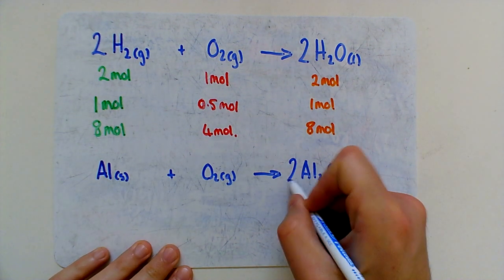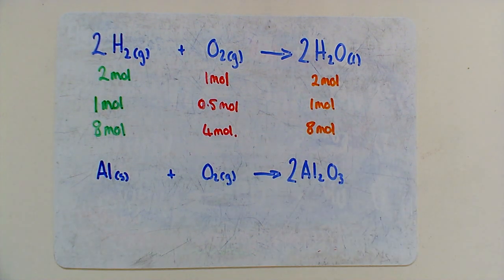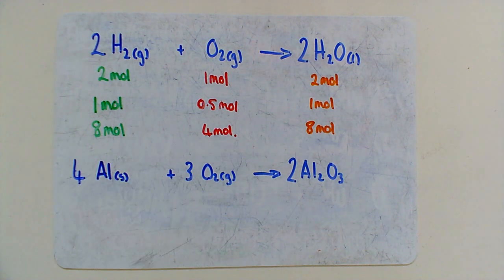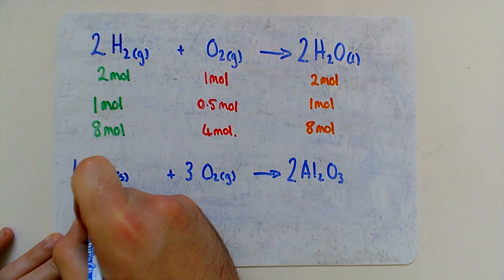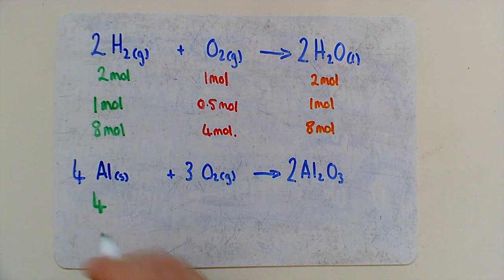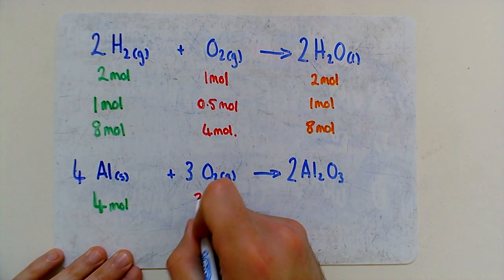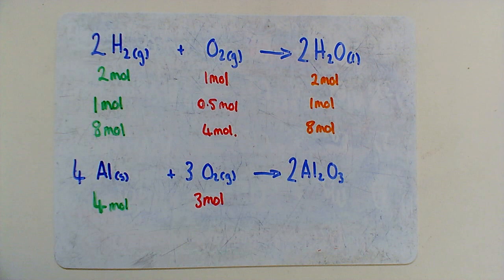Now, to balance this, we need to do that. This is more complicated. We've got 4 moles. We have got 3 moles. And we have got 2 moles.